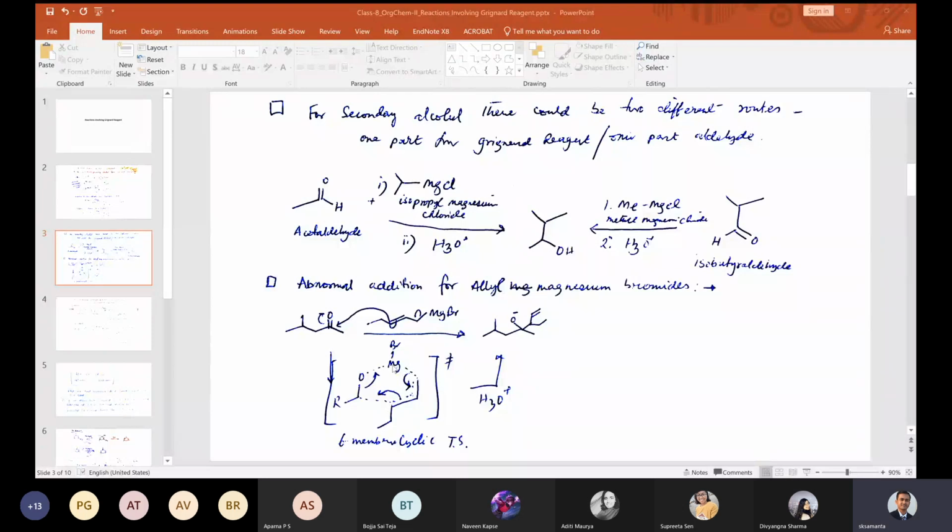So this magnesium here, 1 carbon, 2 carbon, 3 carbon, there was a double bond. So this double bond attacks, and this takes up this magnesium. After acidification, hydrolysis, you basically get OH. This product. So sometimes this kind of reaction also happens, although not always or not very commonly, but sometimes.